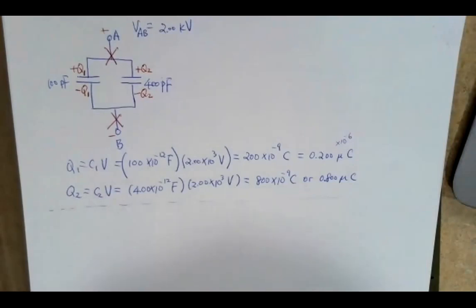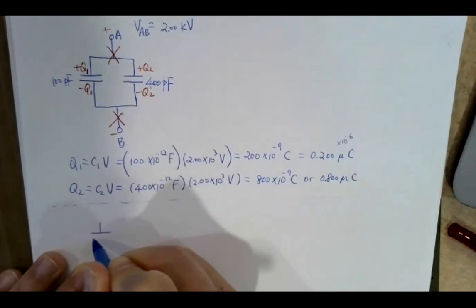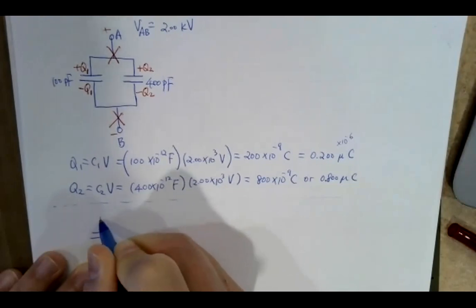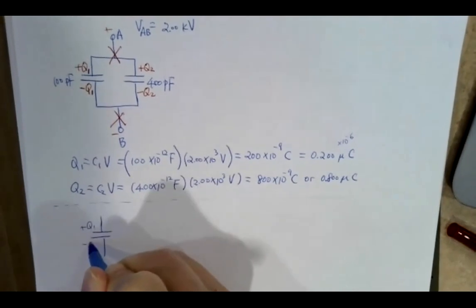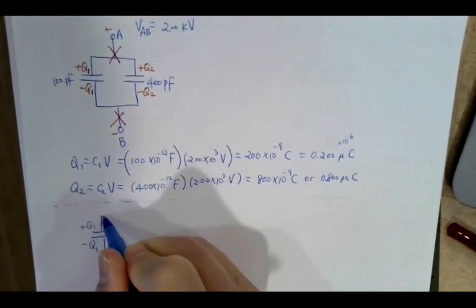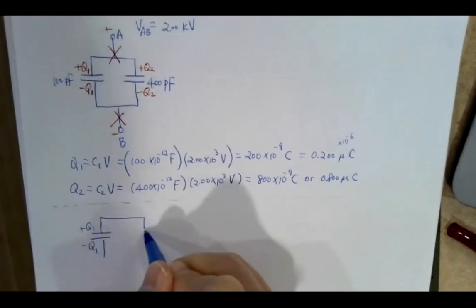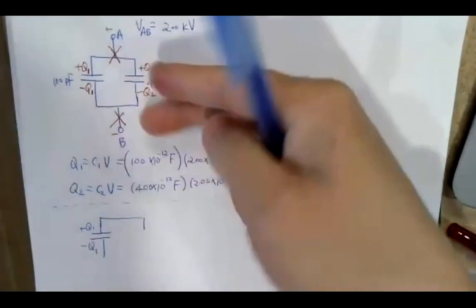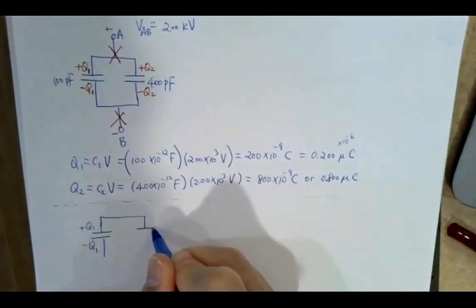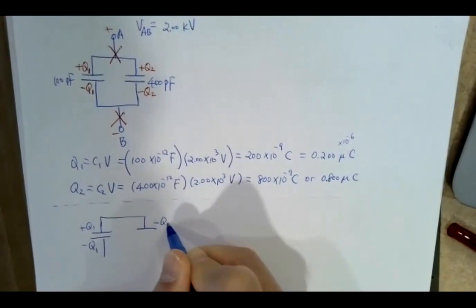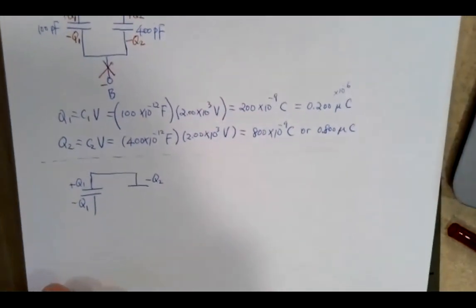But you reconnect them in the fashion that, so positive Q1, minus Q1. You reconnect that, the positive plate to the negative plate. So you flip the two, okay? Flip capacitor 2. So then this is minus Q2.